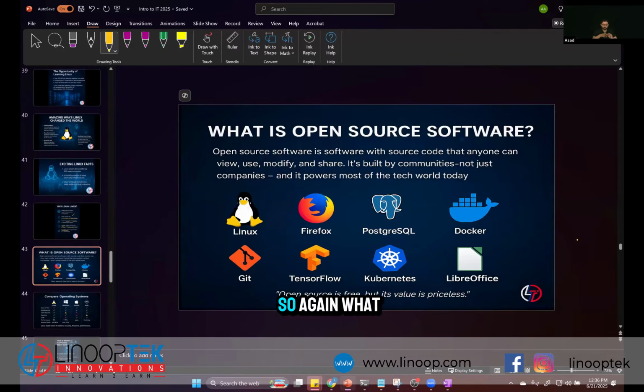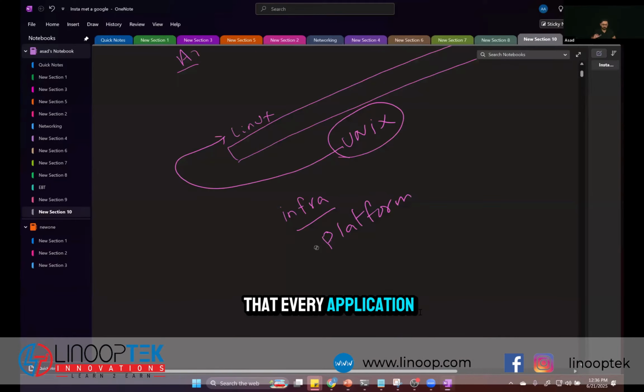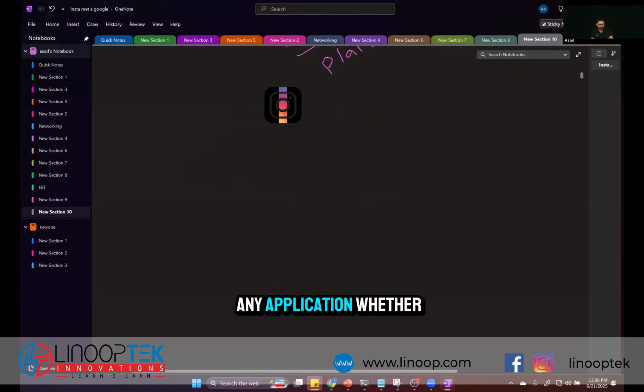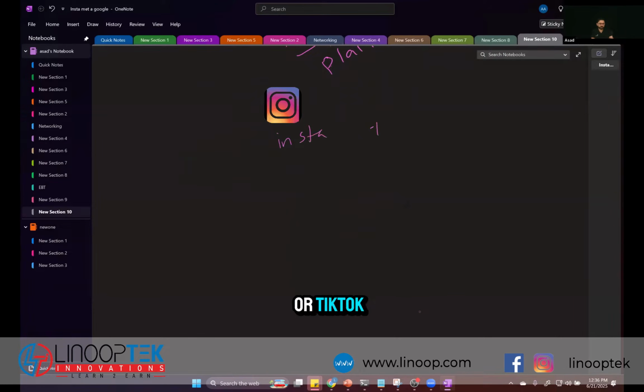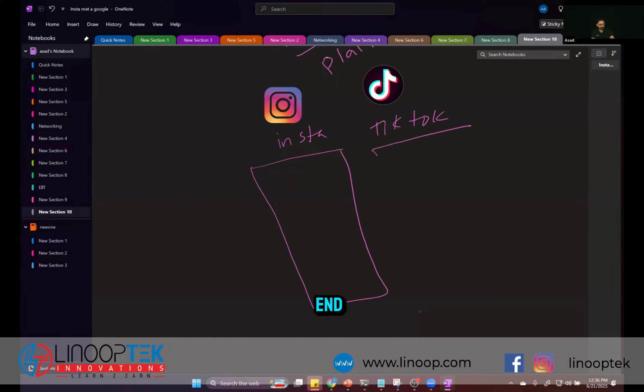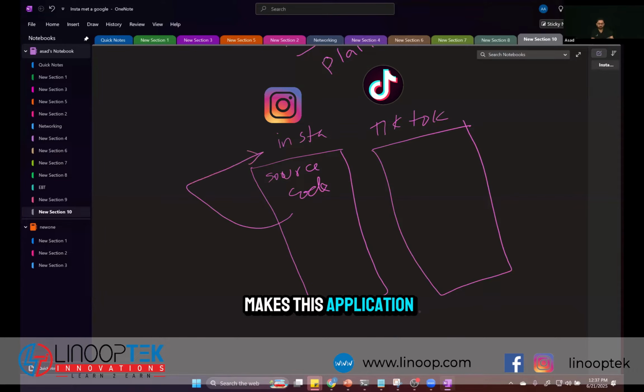Right? So again, what is the definition of open source? Understand one thing: every application that is built today, whether it's Instagram or TikTok, these are applications, okay? These have some sort of coding at the back end. The back end code, which is called the source code, makes this application available to you.